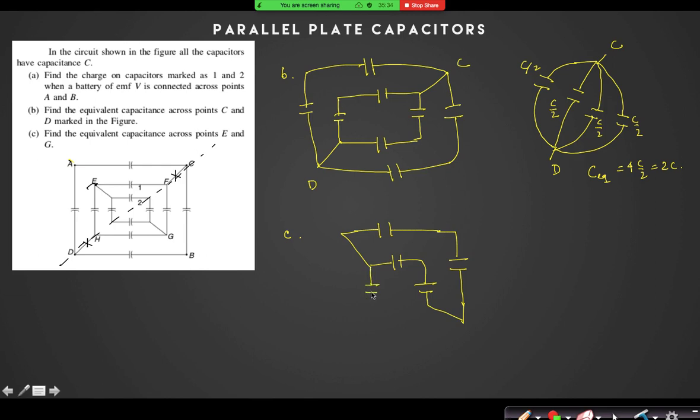This one and this one, and there is this circuit and this circuit. So what is the equivalence between them? I can find a similar circuit, you can see. Just I have rotated it a bit. So equivalent is also 2C.